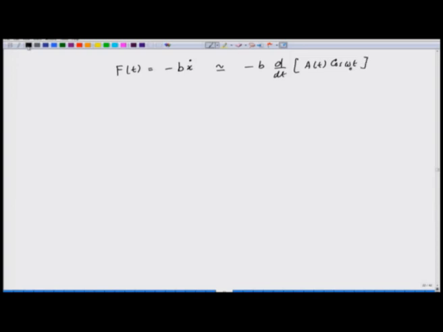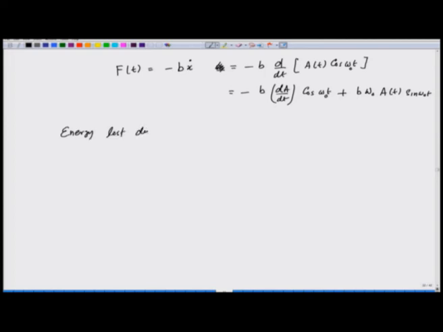This is exact, which I can write as minus B dA/dt cosine of omega 0 t plus B omega 0 A(t) sine of omega 0 t. That is F(t).